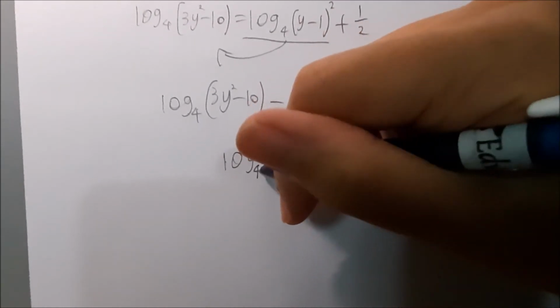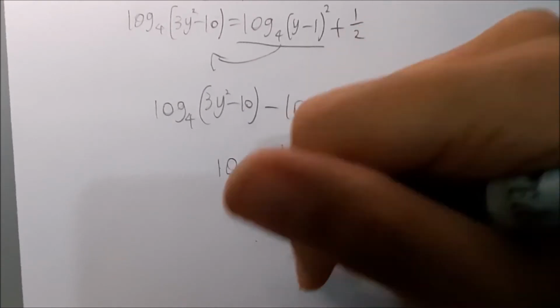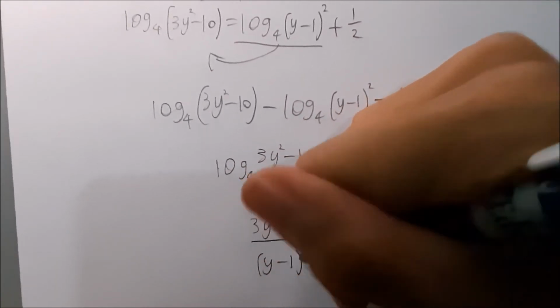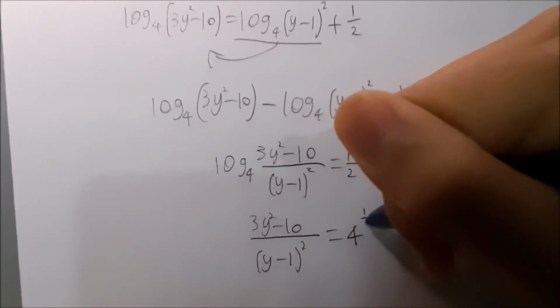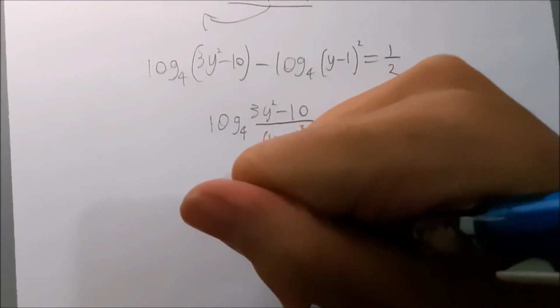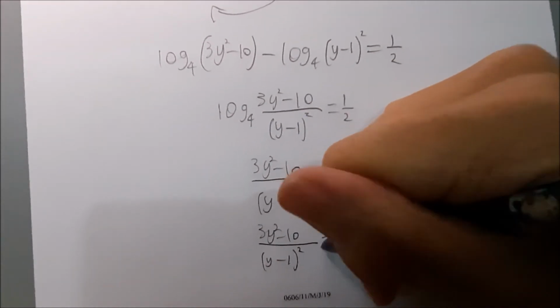And then from here, you can move the log 4 to the right side. So this basically means 3y squared minus 10 over y minus 1 squared equals to 4 to the power of half, or square root of 4. So 3y squared minus 10 over y minus 1 squared equals to 2.